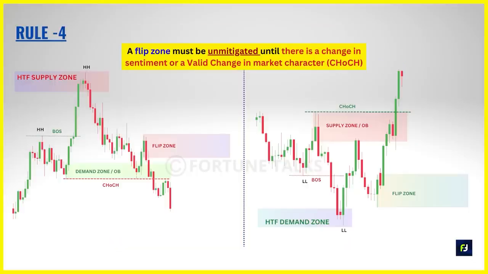Now the last rule, that is rule number 4, emphasizes that a valid and high probability flip zone must be unmitigated. It means price should not test our flip zones when moving to break through the supply or demand zones. Flip zones are considered a one-time use thing, just like order flow or order block areas. We will focus on only those trading opportunities when the price first enters a flip zone.